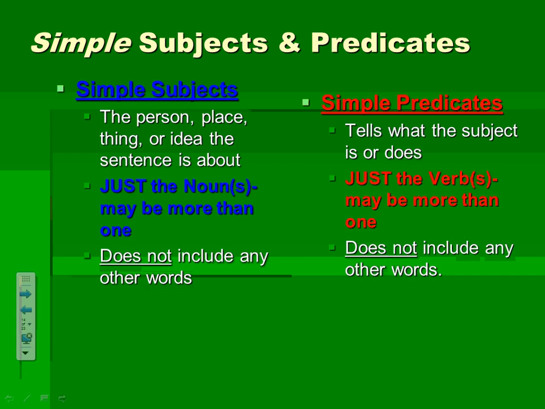So for example, if I said, Jose runs fast, okay, I would only say runs for my simple predicate. I wouldn't include the word fast because that's an adverb. It's telling us how he ran. So only verbs. So the moral of the story is only nouns for subjects, only verbs for simple predicates.